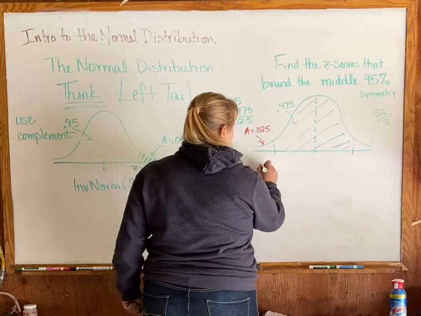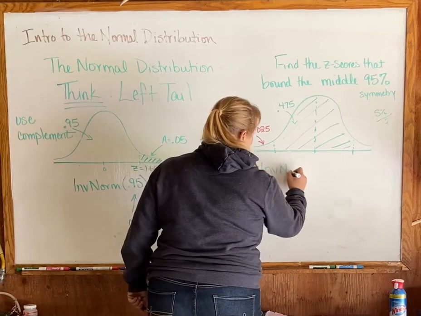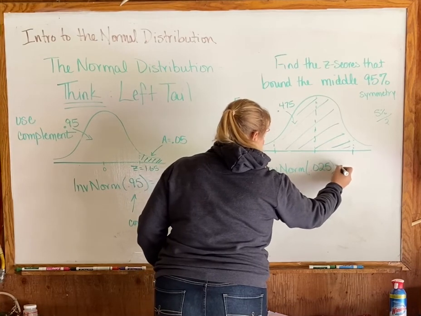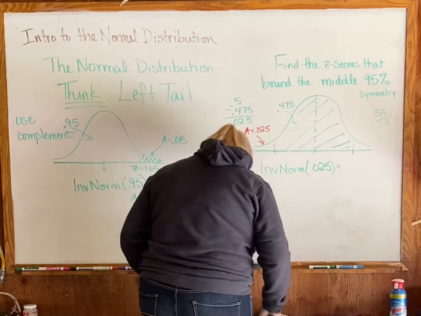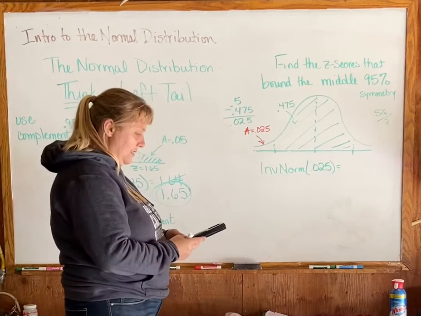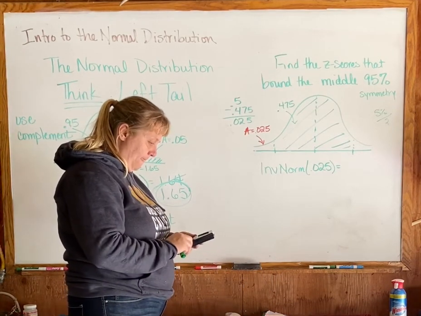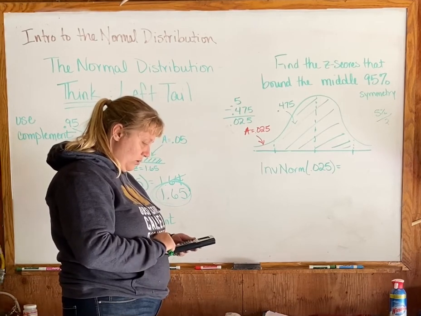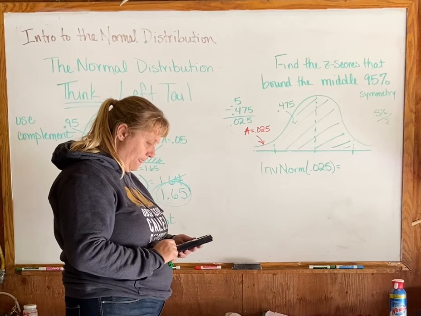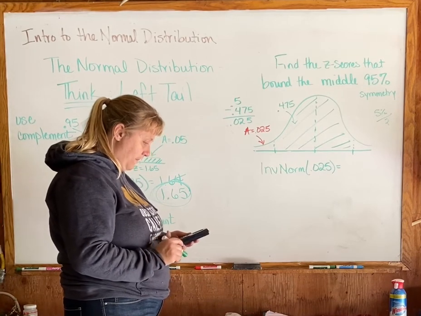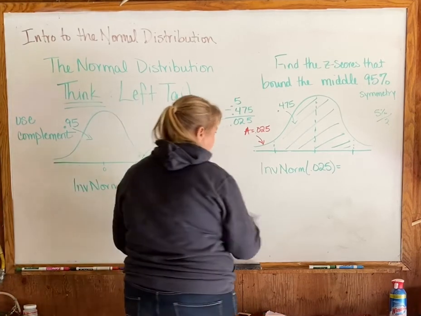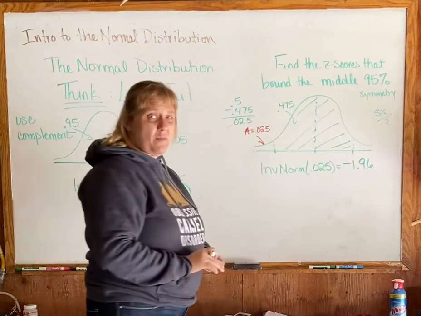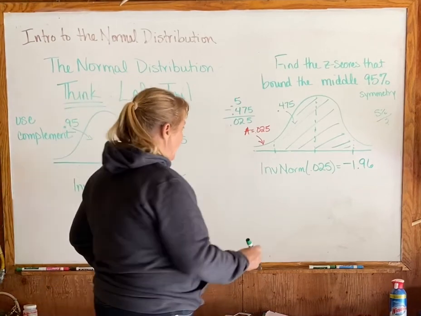So we're going to go inverse norm, and we're going to use the 0.025. And when we do that, enter. And here I get negative 1.96. Everybody agree if we round, negative 1.96?